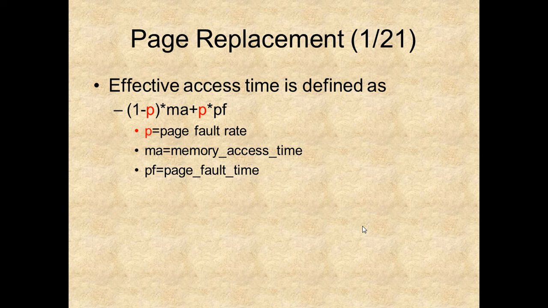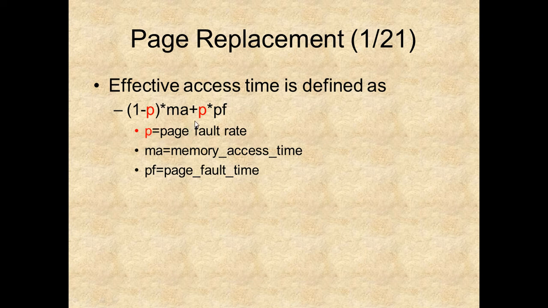If you recall from the last class, we were looking at this formula. This formula shows the concept of effective access time. When there is a memory request, it may or may not incur a page fault. Suppose p is the page fault rate: p percent of the time a page fault happens, and 1 minus p is the time a page fault doesn't happen.